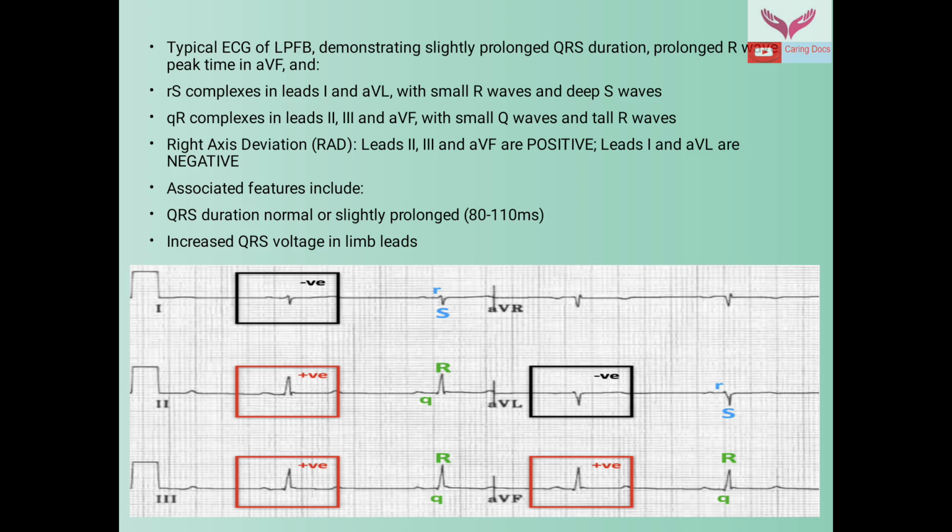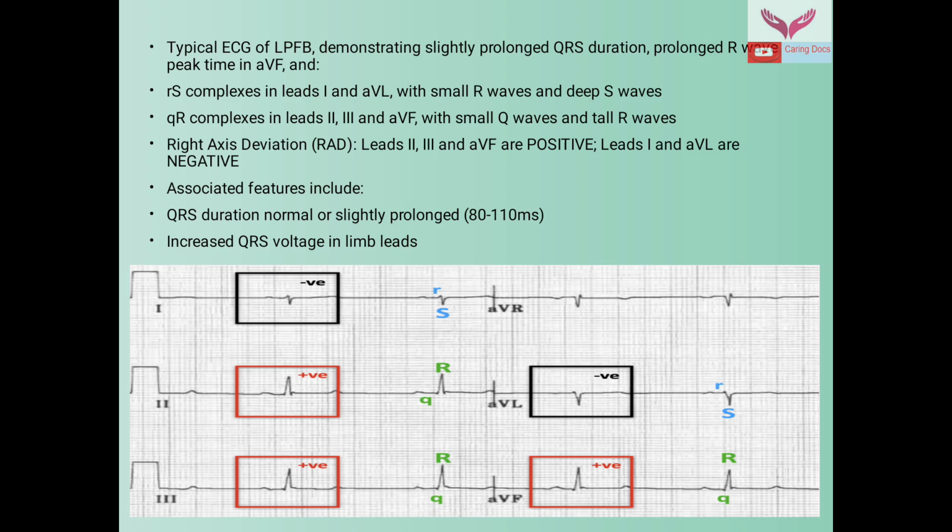The typical ECG in this picture shows slightly prolonged QRS duration, prolonged R wave peak time in lead AVF, and RS complex in lead 1 and AVL, that is with small R wave and deep S wave. QR complex in lead 2, 3 and AVF, that is small Q wave and tall R waves.